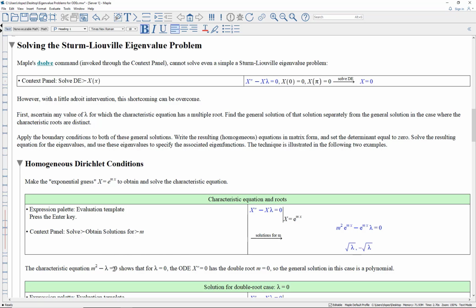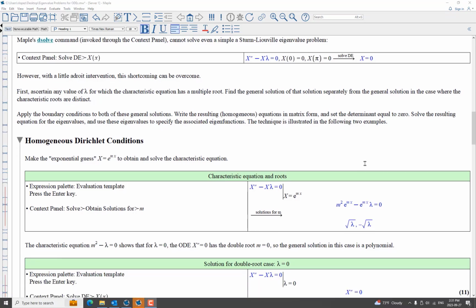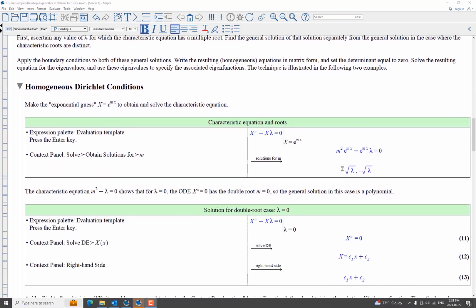That tells you that lambda equals 0 is the double root case. And in that case, the general solution will be a polynomial.